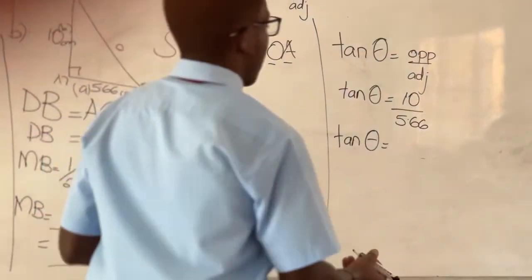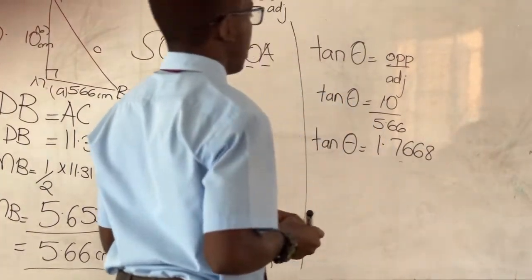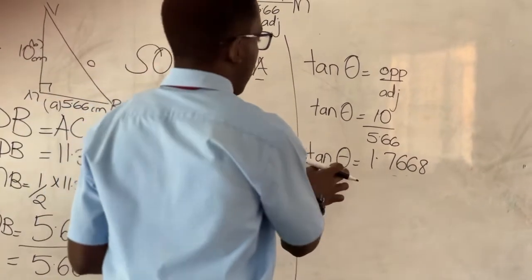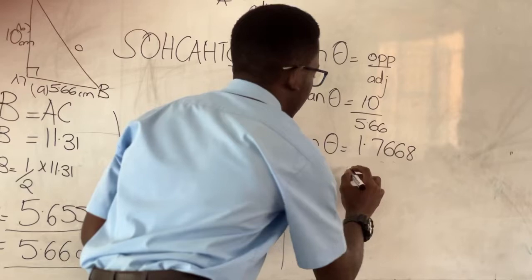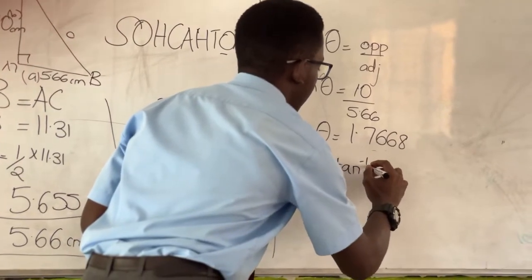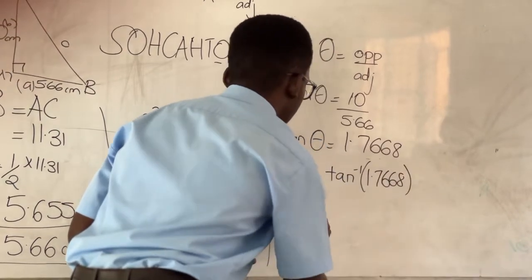1.7668. Now we all know we want to find theta. So theta is equal to, when you take tan that side, it becomes tan inverse, tan inverse 1.7668.